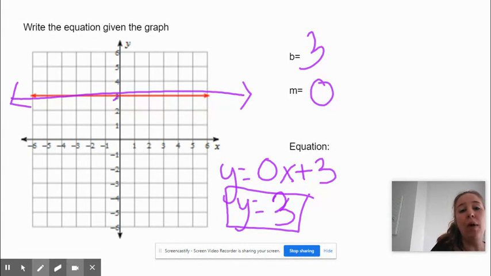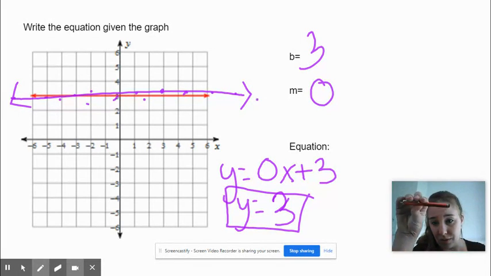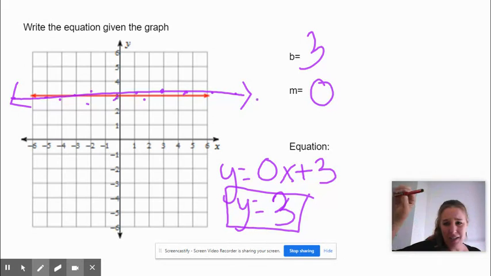Because no matter where you are on this line, forever and ever, your y is equal to 3. Which confuses students because it's like the x-axis goes this way, so why would a line be y equals 3? But that's why.